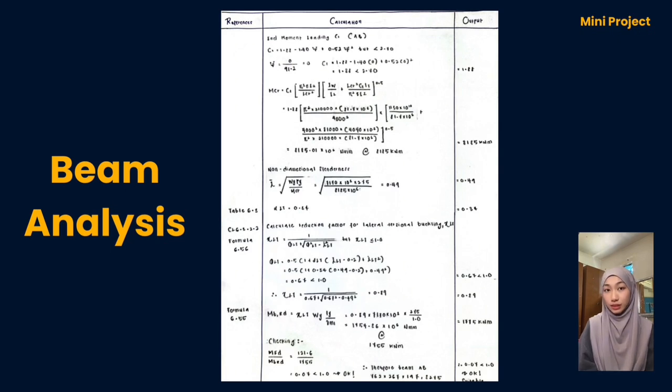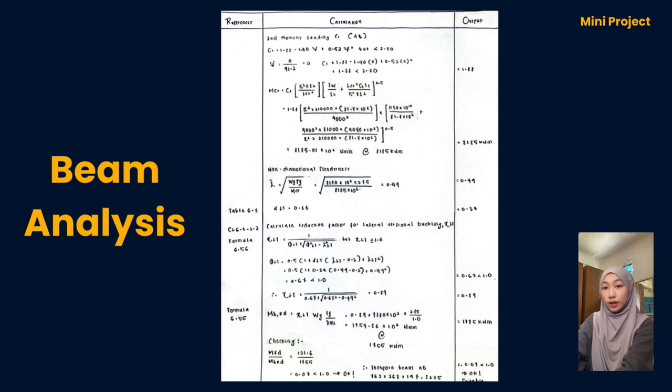The answer I got for C1 is 1.88, which is less than 2.70. Next is the Mcr.